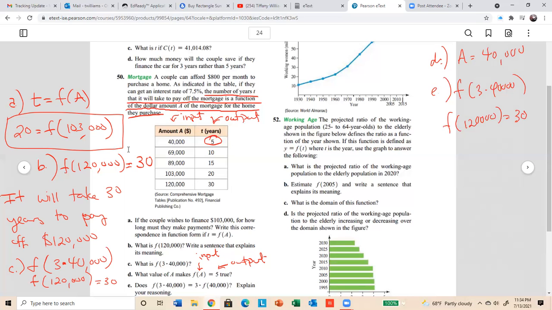But this 3 times F of 40,000, remember, you have to follow order of operations. So this 3 is going to get multiplied against whatever this is. So F of 40,000 is 5. So really this is saying what's 3 times 5? And 3 times 5 is 15. That is not the same as 30, right? So no, these two things are not the same. You get two different values.